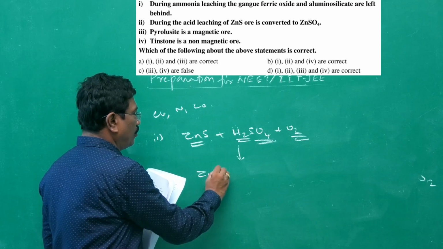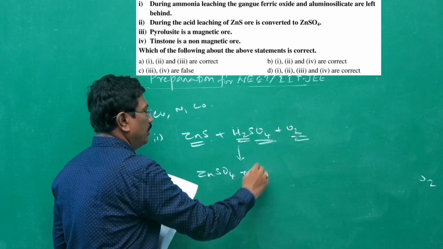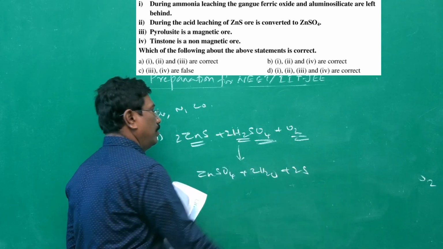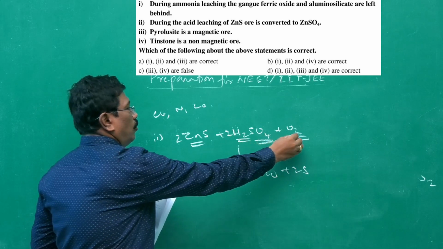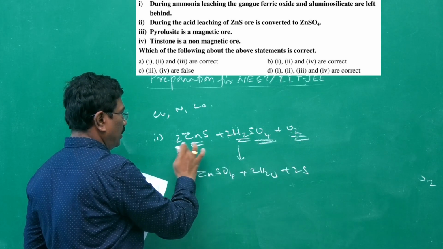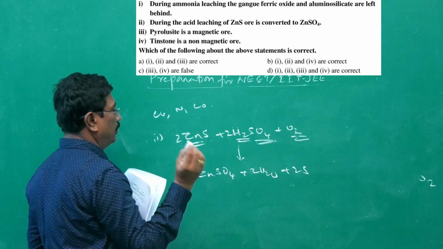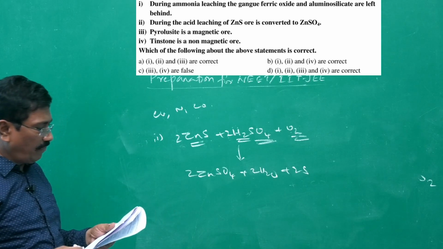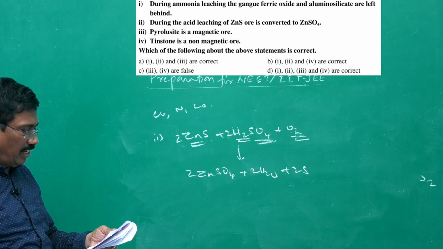So, 2ZnS plus 2H2SO4 plus O2 gives 2ZnSO4 plus 2H2O plus 2S. So, zinc sulfide will be converted to zinc sulfate during acid leaching of zinc sulfide ore.